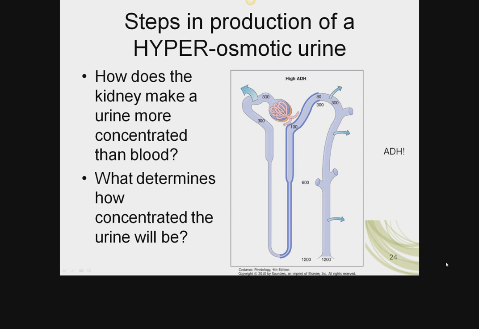Because most of our nephrons are cortical nephrons, the maximum we can concentrate our interstitial gradient, and you did a Physio-Ex on this, is 1,200 milliosmolal. If and when ADH is present, then the collecting ducts and medullary ducts insert aquaporins.